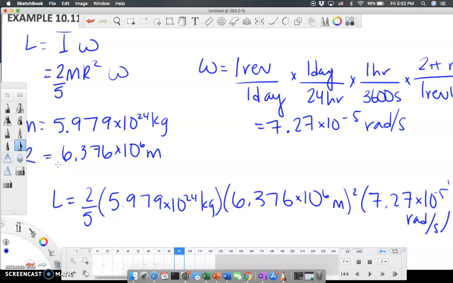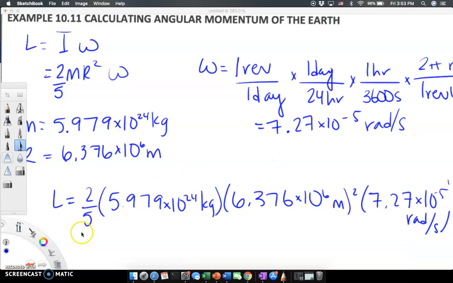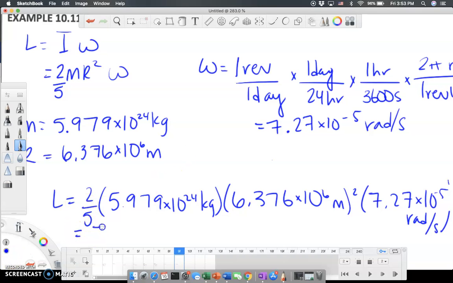I get 7.07 times 10 to the 33rd is my angular momentum. And remember that this will be kilograms meters squared per second, I believe. Yes, okay. So that is my angular momentum of the Earth. All right.